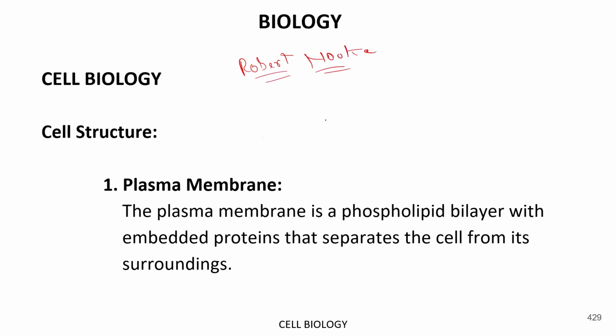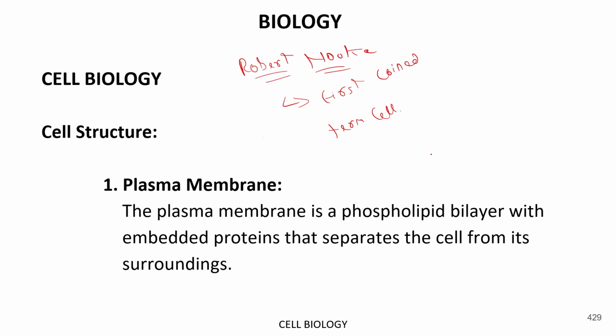Okay. So Robert Hooke, who was he and why do we have to study him? Because he was the first one who coined the term cell. He was the first person who gave the term cell.